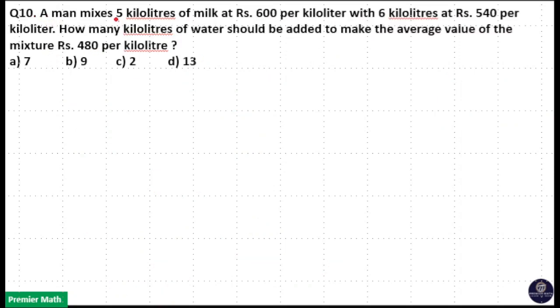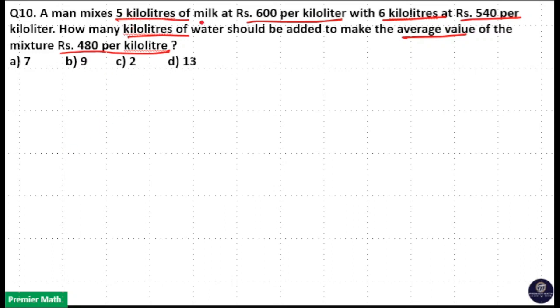A man mixes 5 kiloliters of milk at rupees 600 per kiloliter with 6 kiloliters of milk at rupees 540 per kiloliter. How many kiloliters of water should be added to make the average value of the mixture rupees 480 per kiloliter? Here you don't need to use alligation. You can directly develop an equation from the question itself.